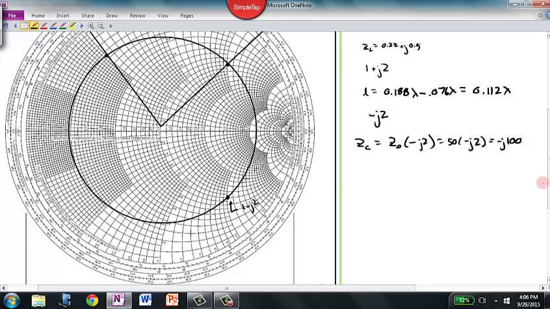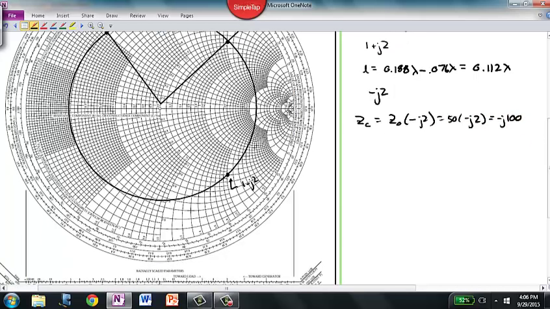So what we're saying from this analysis is that if we've got our load here, and in this problem the load was 11 plus j25, so we've got 11 ohms, and plus j25 is an inductor.